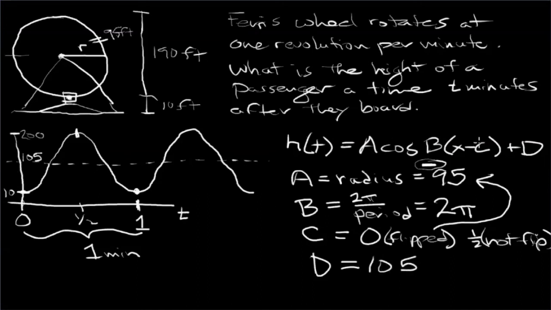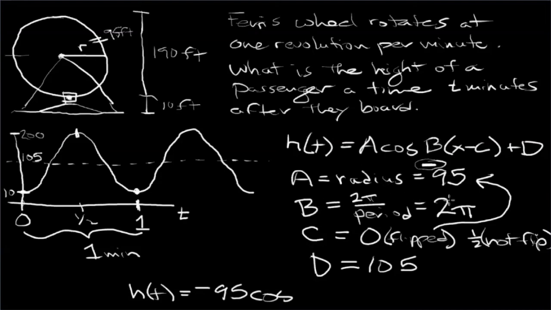So to wrap this up then, my entire equation, h of t, would be negative 95 cosine. And I would say the flipping is always easier than the phase shift. There's more opportunity for error with phase shift.